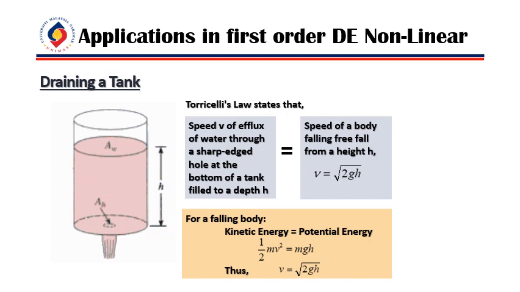Efflux speed of water through a sharp edge hole at the bottom of a tank that is filled to a depth of h. This efflux speed is similar to the speed of a body falling freely from a height h.